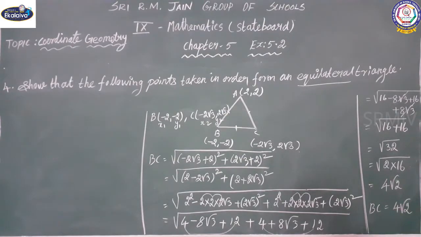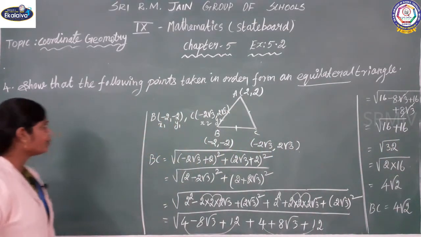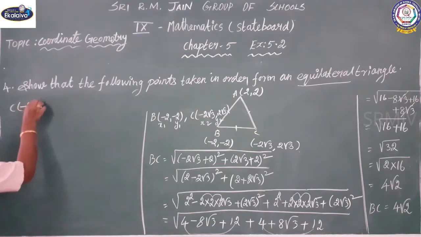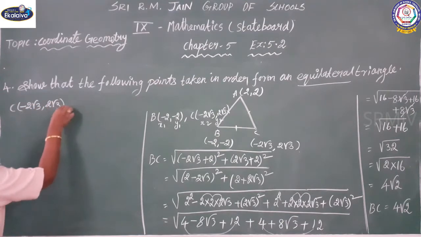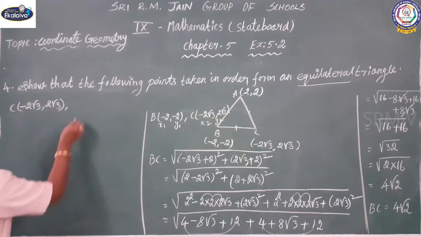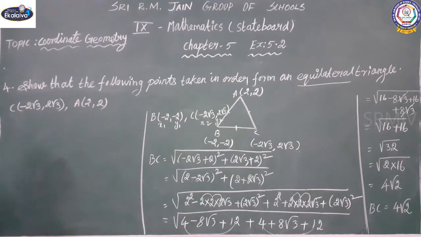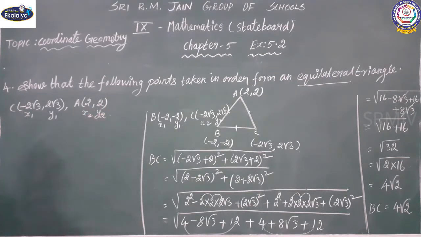Okay children, next I am going to find the distance of CA. What is the C coordinate? C of minus 2 root 3 comma 2 root 3 and A of 2 comma 2. This is x1, y1, x2, y2. Now substitute the values here children.